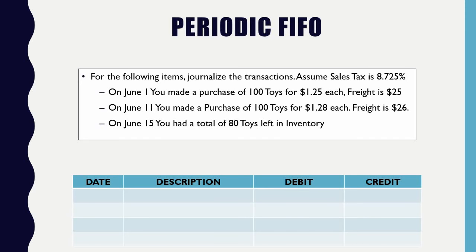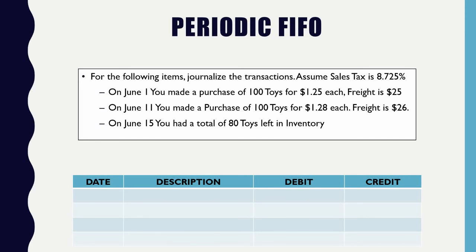So how do you journalize this? Start with purchase expense, $125.